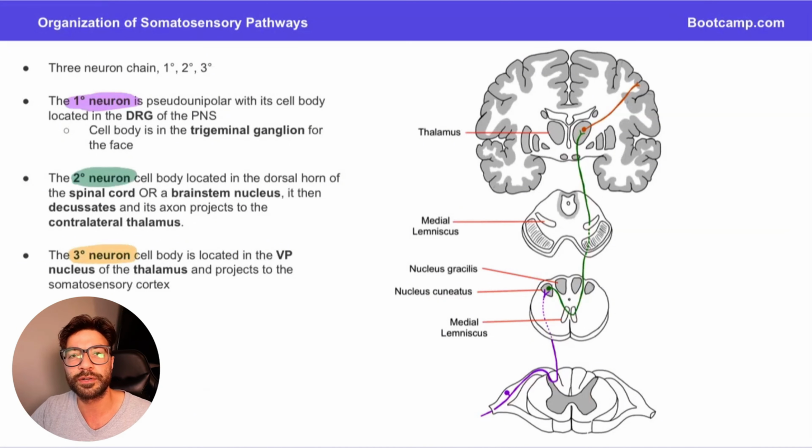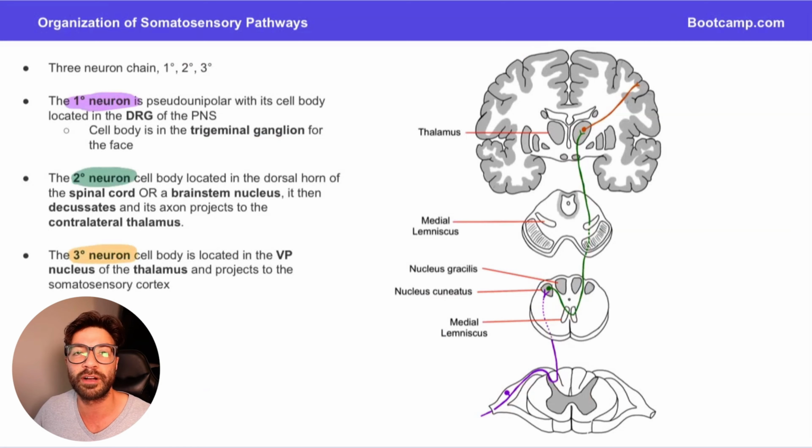So it's important to note that this pathway is not the exact pathway for all sensory pathways. This is just an example, and this is for the dorsal column medial lemniscal pathway. When we're talking about sensation coming from the face, we don't have dorsal root ganglions. We actually have a trigeminal ganglion. So the first order neuron ganglion is actually going to be found in the trigeminal ganglion, not the dorsal root ganglion. And in this example, we had our second order neuron located in the brainstem.